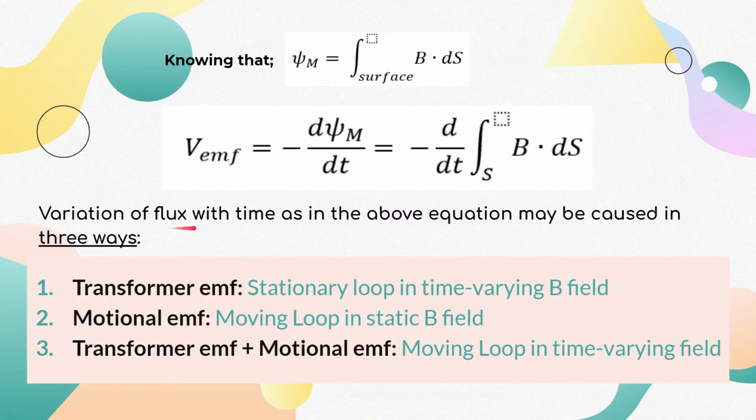Thus, the variation of flux with time, as in the above equation, may be caused in three ways. Firstly, transformer EMF. Secondly, motional EMF. And thirdly, transformer EMF plus motional EMF, which will then be further explained by my members.